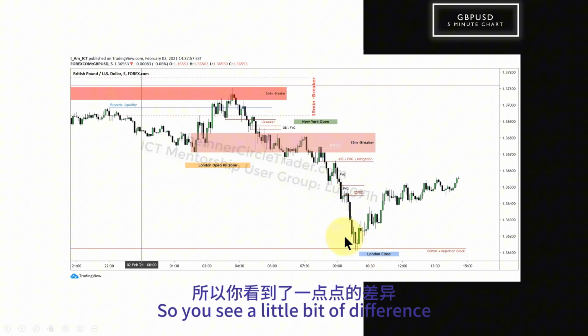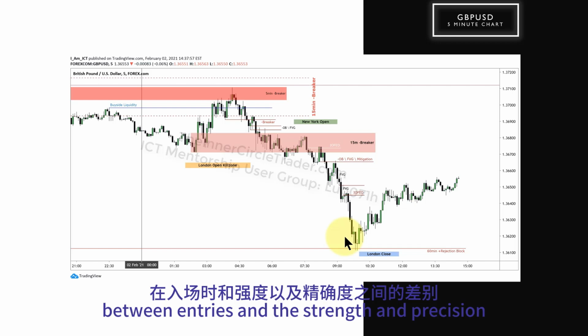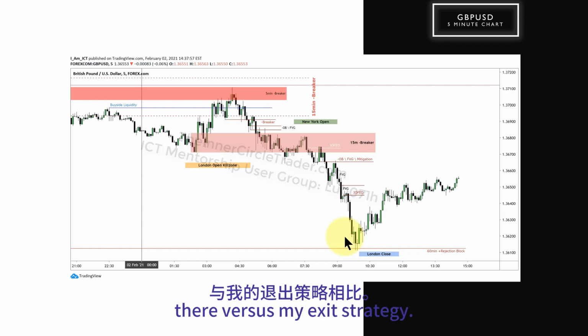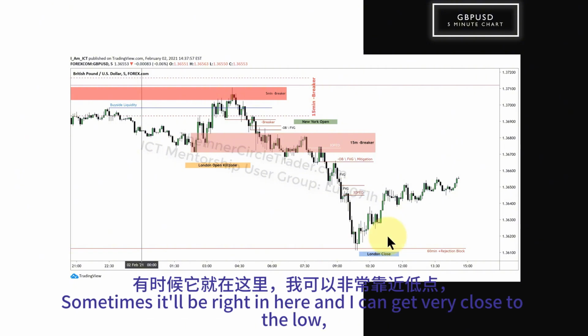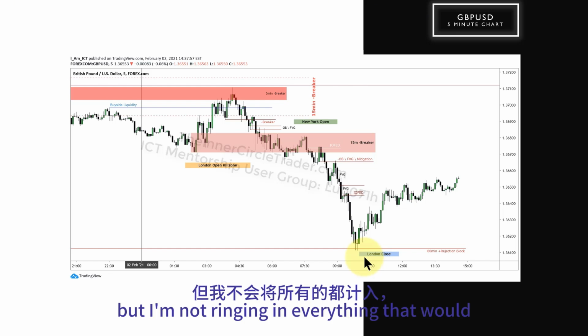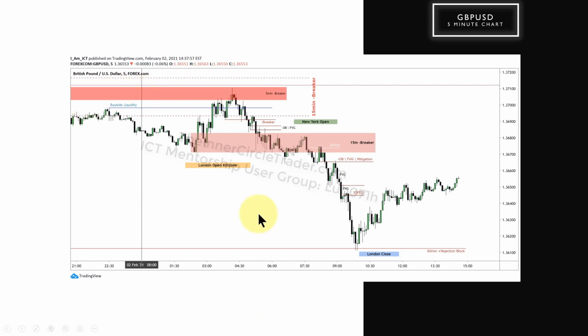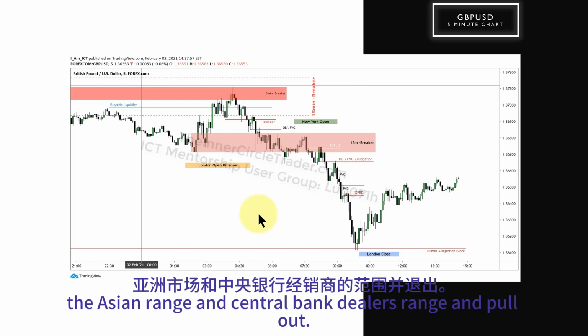So you see a little bit of difference between entries and the strength and precision there versus my exit strategy. I've been very transparent with you. Sometimes it'll be right in here and I can get very close to the low, but I'm not ringing in everything that would be over here, which is the Asian range and central bank dealers range and pull out.